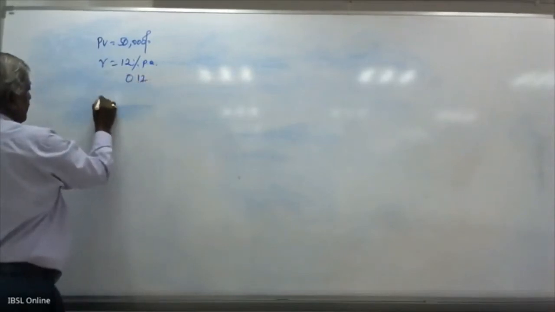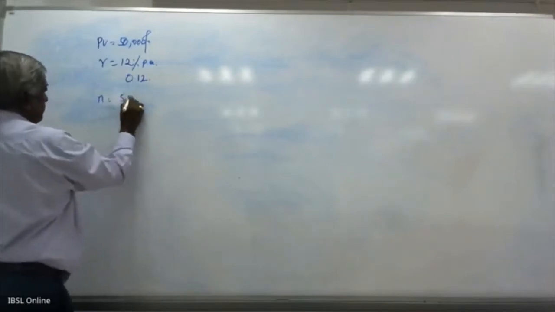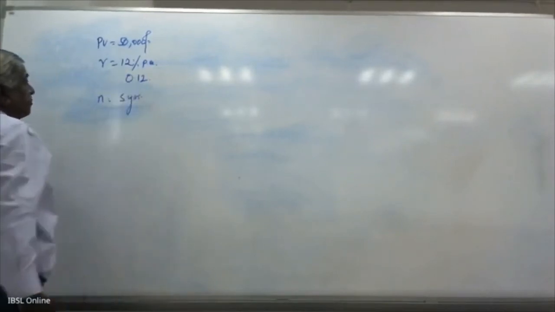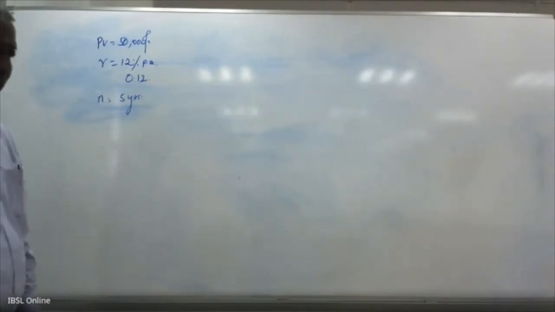Period N, we want to put it for 5 years. You may go to your system and calculate, but since you know this formula, you can use an ordinary calculator or your personal computer and calculate easily.